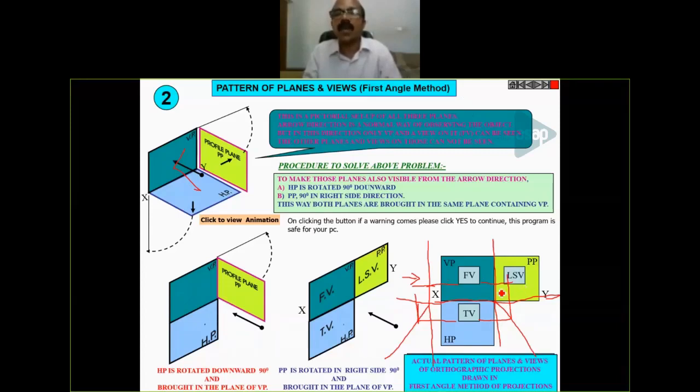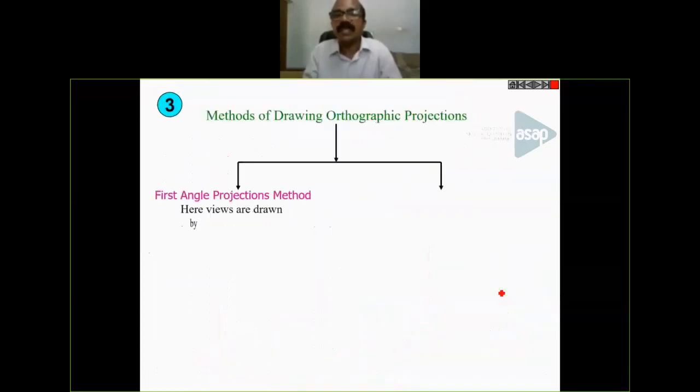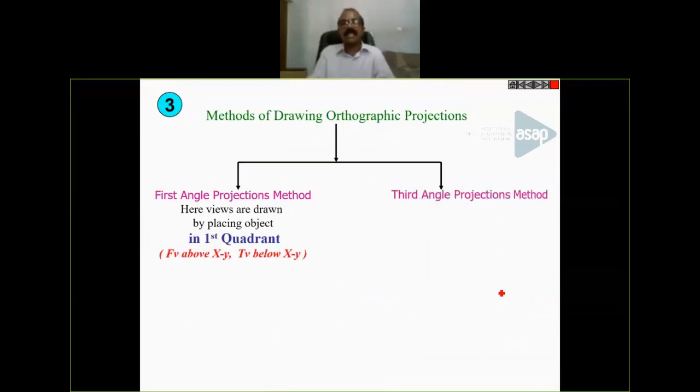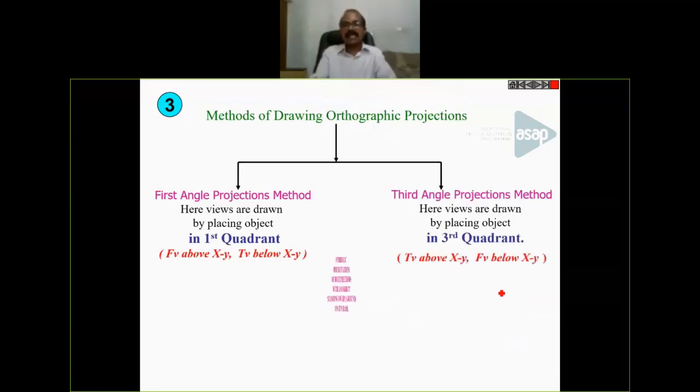Then the method of drawing orthographic projections. There are only two methods of drawing orthographic projections: the first angle method and the third angle method. First angle method means the object is in the first quadrant, and third angle projection method means the object is in the third quadrant. Its notation is a symbolic representation of both methods with an object standing on the horizontal plane.